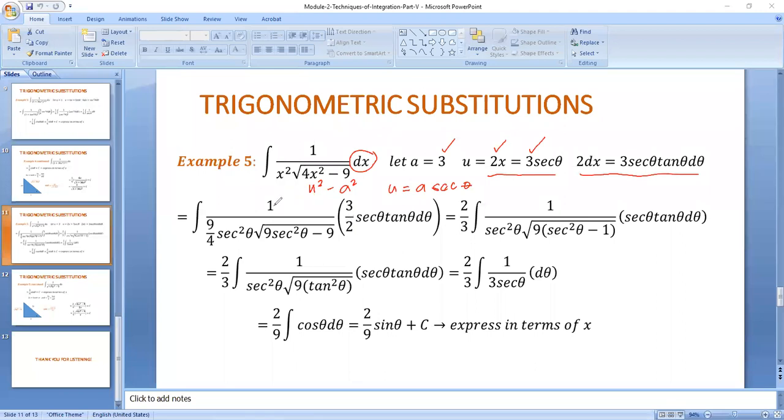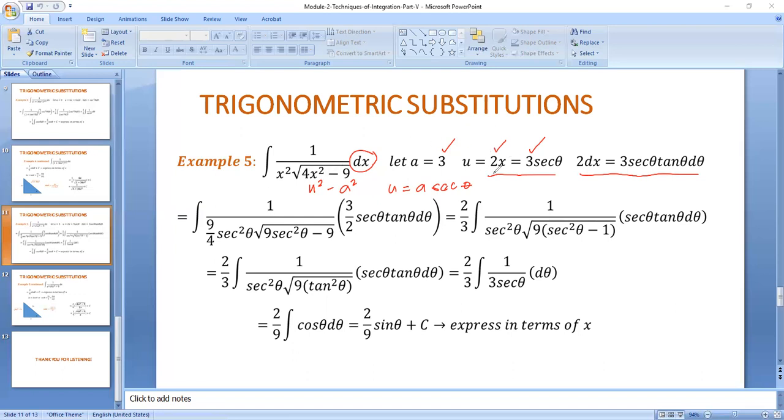So you have 1. What is x? Because you have an x squared here, your x is 3 secant theta divided by 2. If you're going to square that, that would be 9 over 4 secant squared theta. Now, the square root of, what is 4x squared?